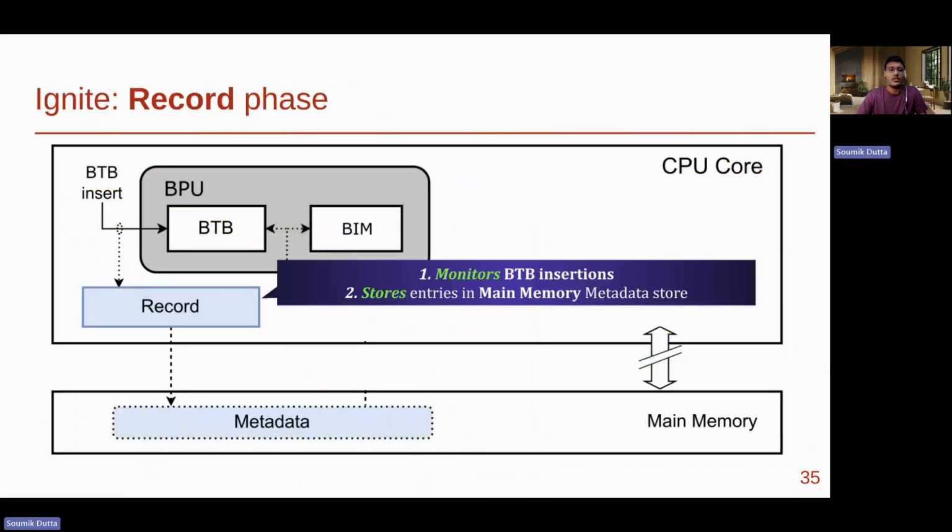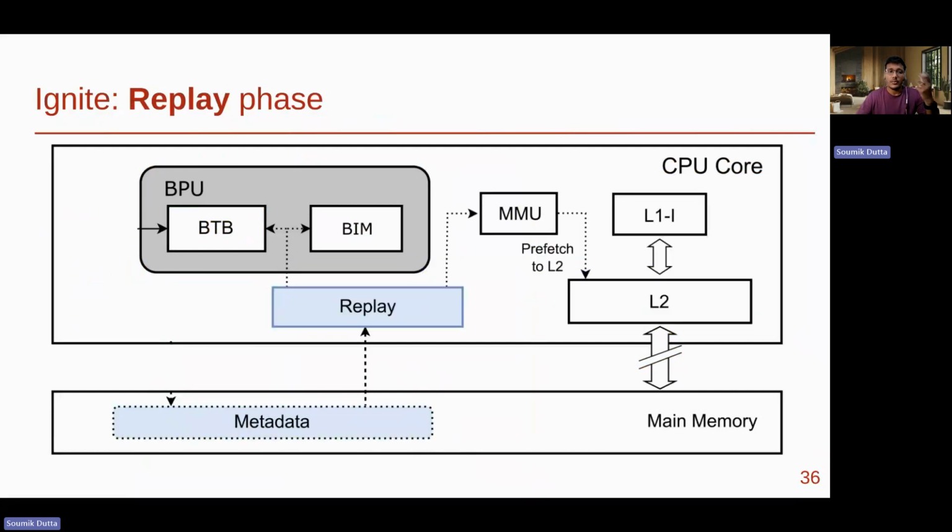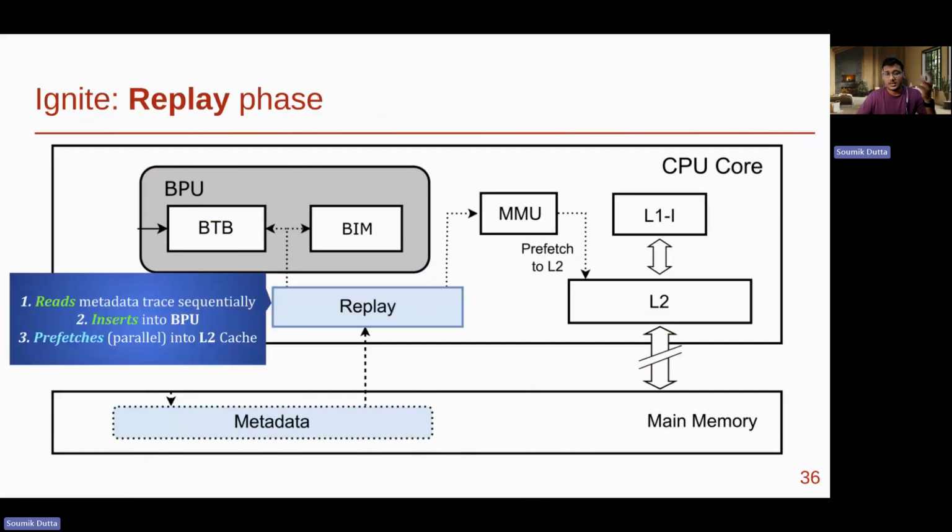So let's see the record phase of Ignite. The record unit introduced in this Ignite approach monitors the BTB insertions, records them, and stores them in a dedicated main memory region. Now, while replaying, when the function gets invoked, it reads the metadata trace sequentially and replays it into the branch predictor unit and the memory hierarchy in parallel.